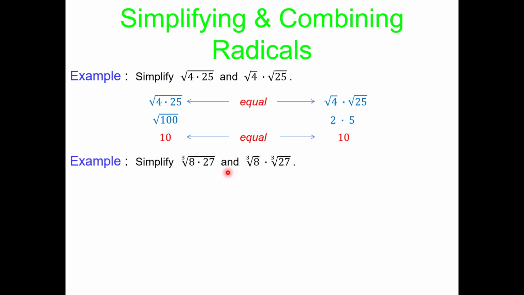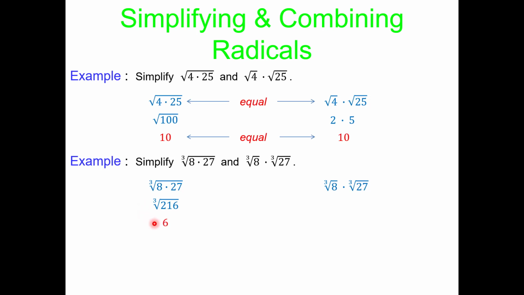So let's simplify another one. Cube root of 8 times 27, and separately, cube root of 8 times cube root of 27. So on the left, if we multiply the inside first, the radicand, we get cube root of 216. So this is asking what number times itself 3 times equals 216. That number is 6.